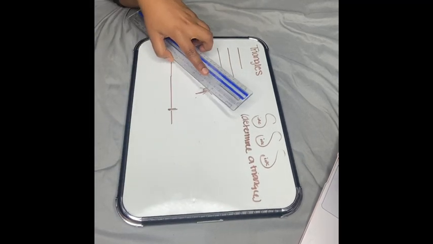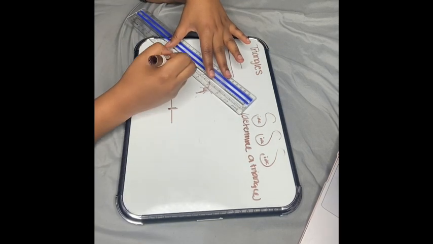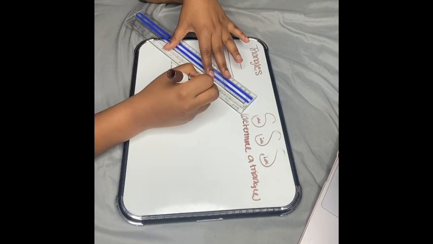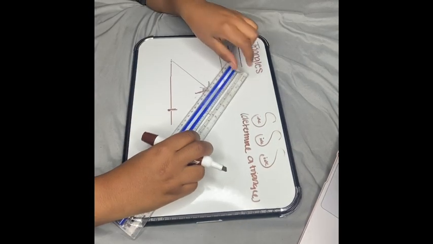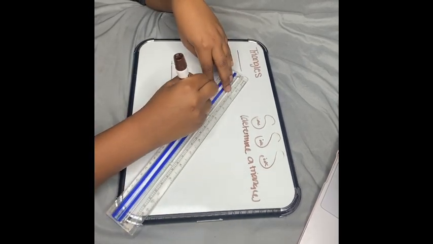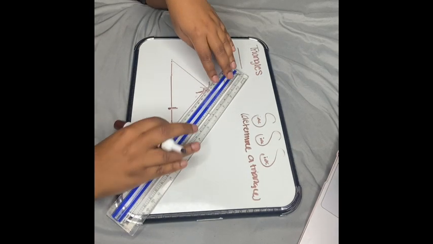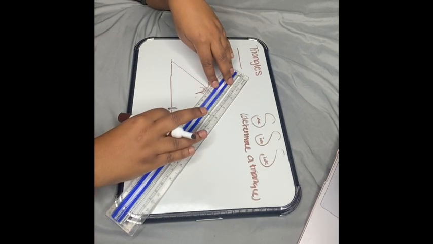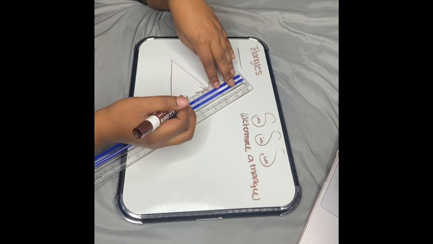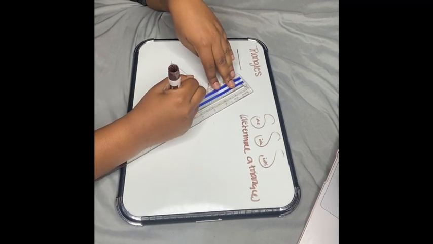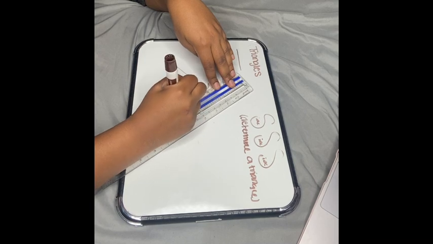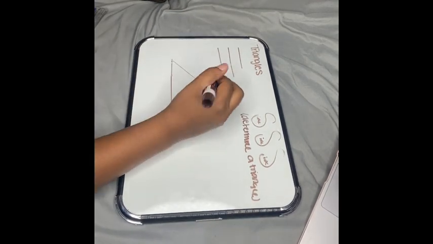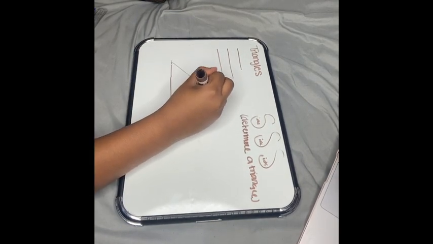So now we can use a straight edge and just write the lines out. Oh, actually, we need to start from here. So to go to this point. Alright, it's a little bad, but we got it.